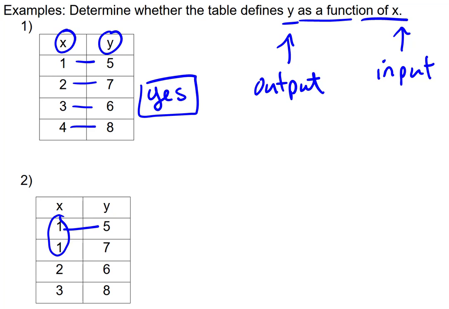So when 1 is the input, 5 is the output. But in the second row, 1 is mapping to 7, meaning when 1 is the input, 7 is the output. But in this case, the input value of 1 has more than one output value. It has two different output values. This violates the definition, which means we'd have to say no, it's not a function.